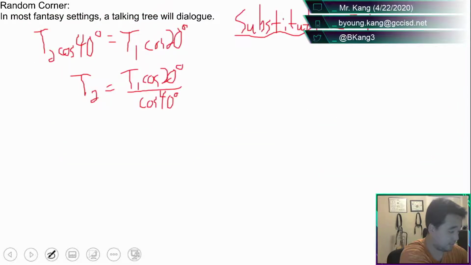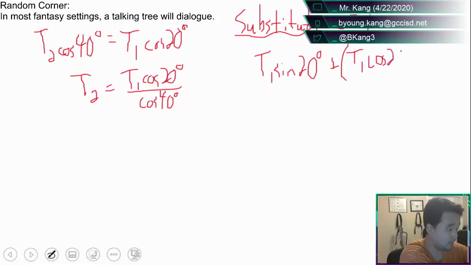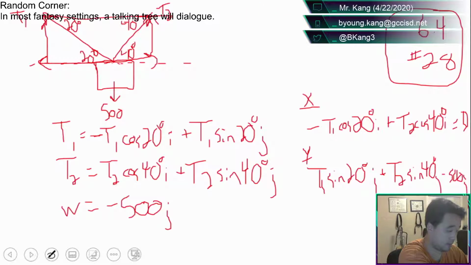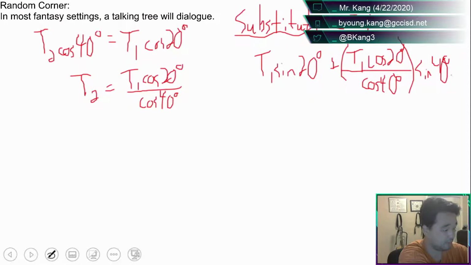So we've got T1 sine 20, then plus our new T2 and then the coefficient was sine 40, then minus 500, so or minus 500 equals 0. There we go.